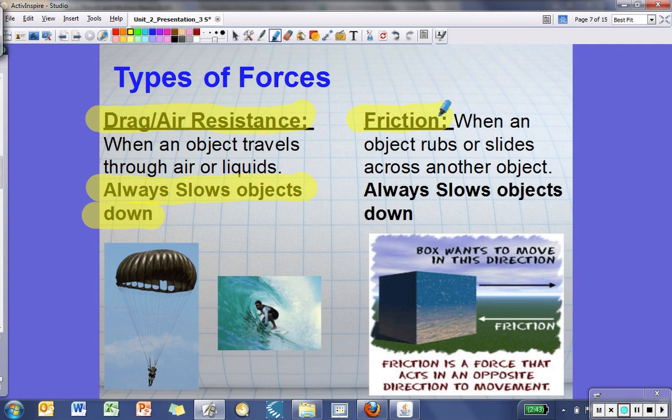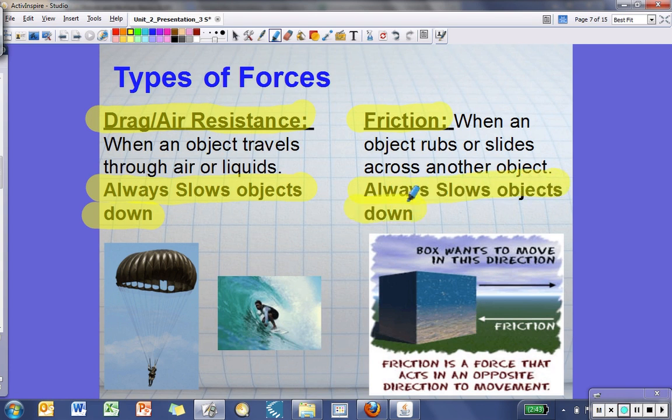So the other one that we're going to talk about is friction. And friction is basically when two objects come in contact. Any two objects that come in contact where one's moving are going to cause friction. There's going to be some sliding and rubbing against each other, and it's going to slow the object down.